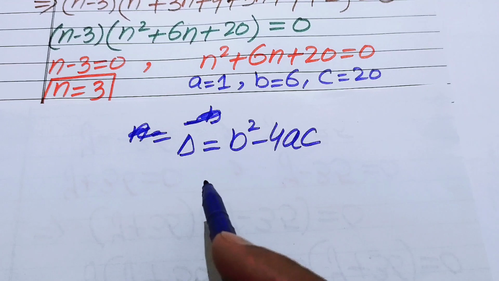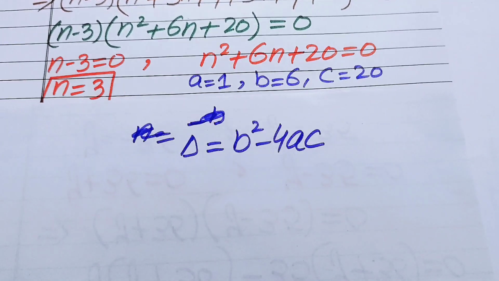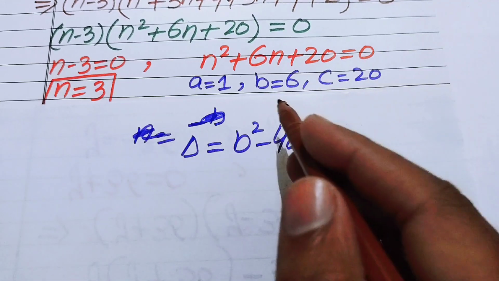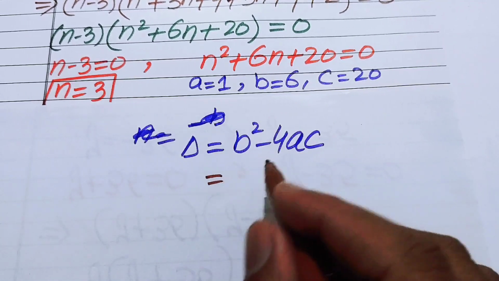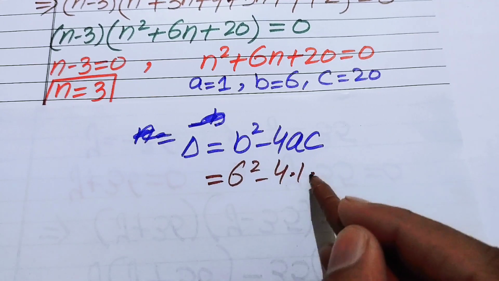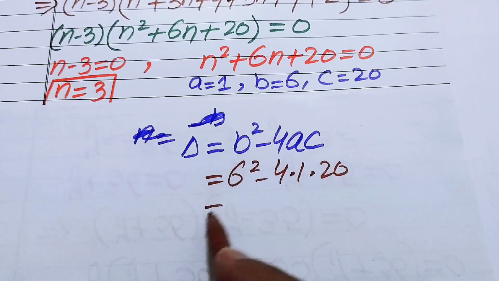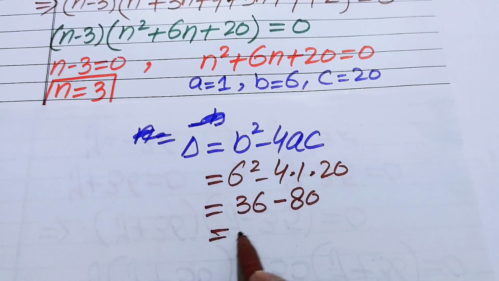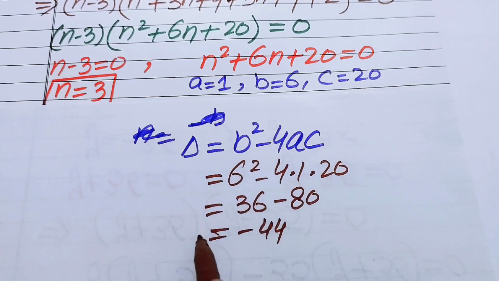Here I can use this discriminant formula to check the roots of the given quadratic equation. So now I can put the values of a, b, c here, and you get 6 squared minus 4 times of a is 1 and c is 20. So it becomes 36 minus 80 and it is equal to minus 44.